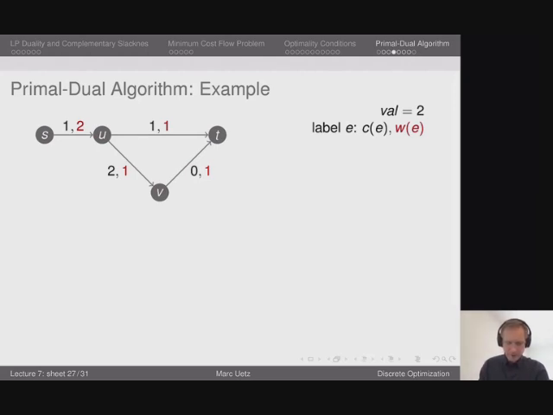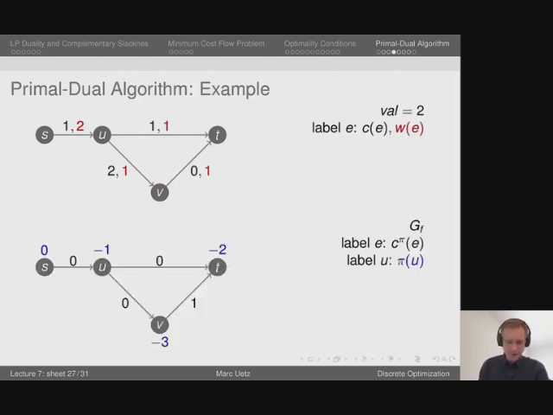So the first thing to do is to compute the shortest path distances with respect to current reduced cost coefficients, and that is these reduced cost coefficients in the graph. So the distance from s to u is 1, the distance from s to t is 2, the distance from s to v is 3, and hence, remember that we subtract the shortest or cheapest path distances from the current node potentials, and we started out with 0 node potentials.